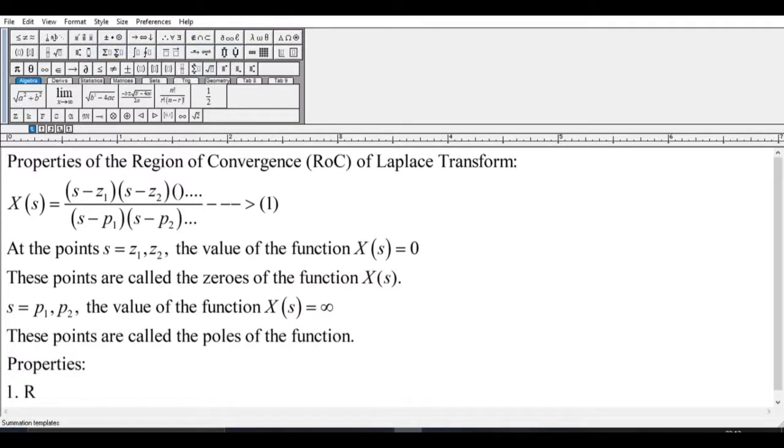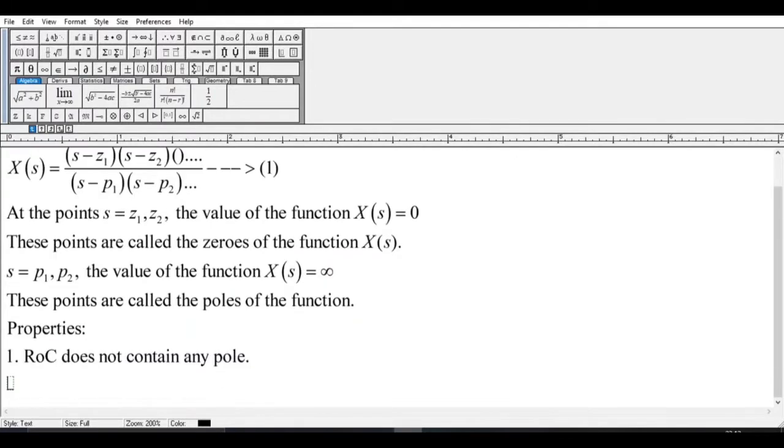First property says that region of convergence ROC must not contain any poles. In other words, if you plot the ROC correctly, then there will be no poles present in the ROC.